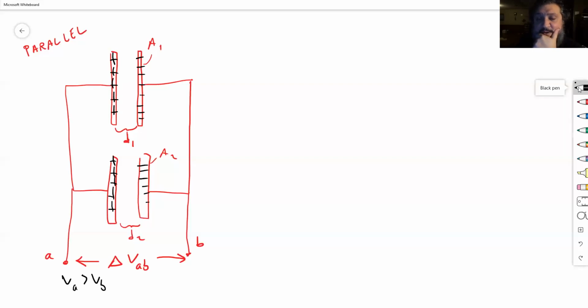Now the amount of charge this capacitor can hold has nothing to do with the charge on the other capacitor. That charge only depends on the geometry of that capacitor. It depends on A1 and D1.